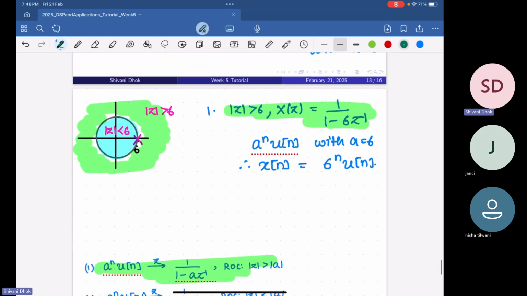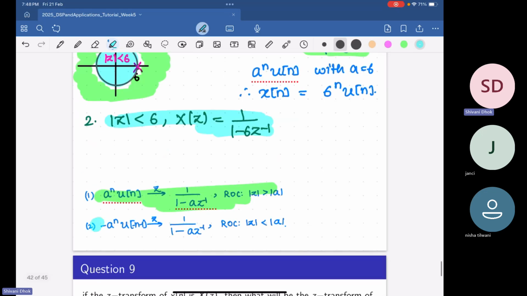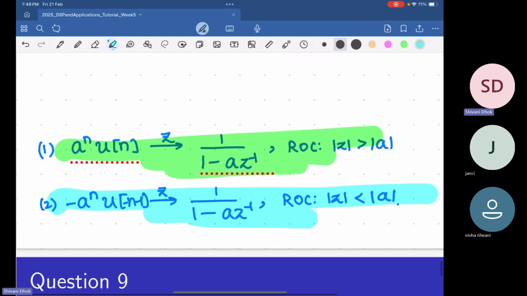Now the second option is magnitude of z less than 6. And again I have x of z as 1 upon 1 minus 6z inverse. For this, we will look at the second standard form: 1 upon 1 minus az inverse with ROC magnitude of z less than a.